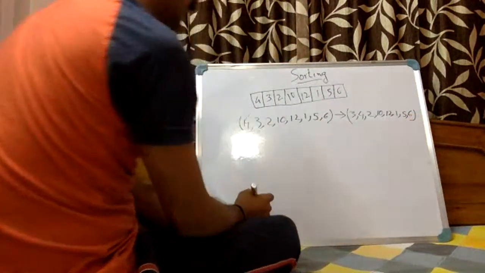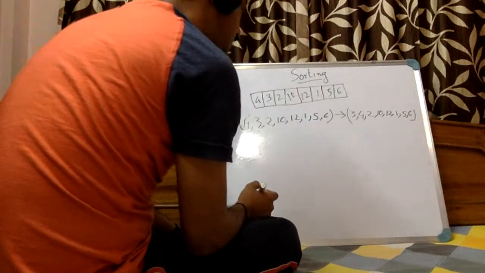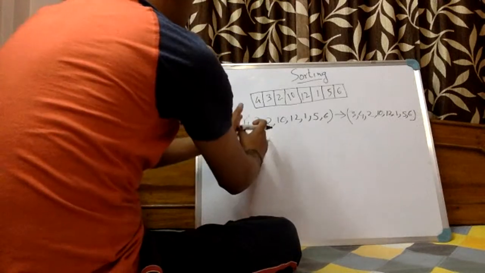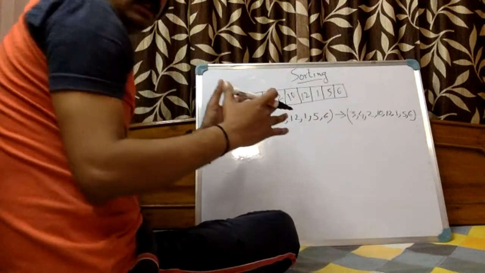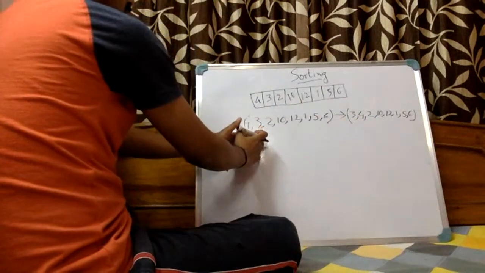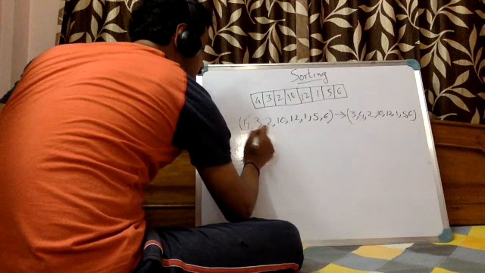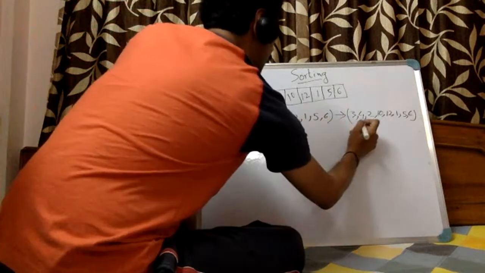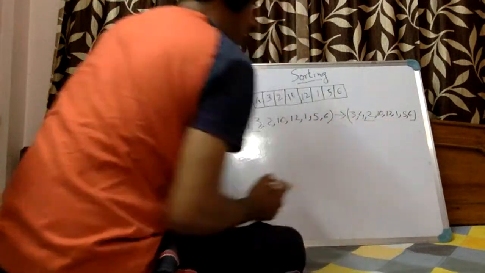Okay. So now what happens? The bubble thing will happen to the next part. In the first pass, we have taken this one. In the next run, we have to choose these two, right?